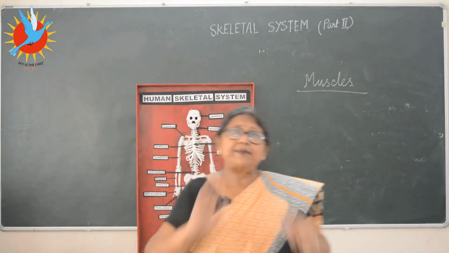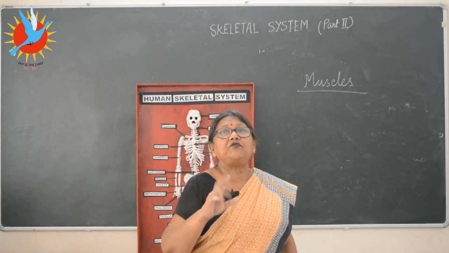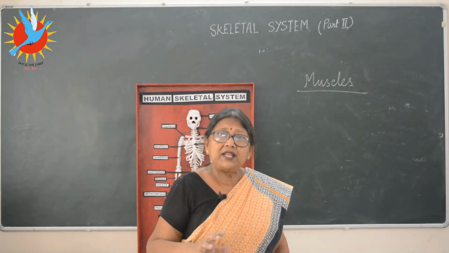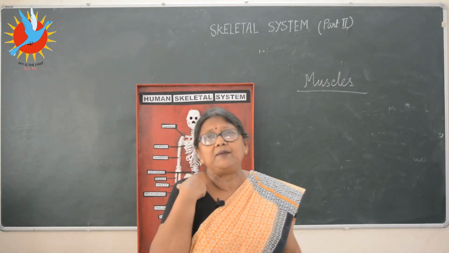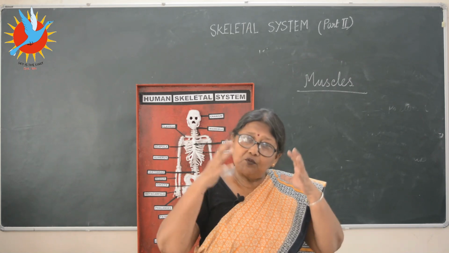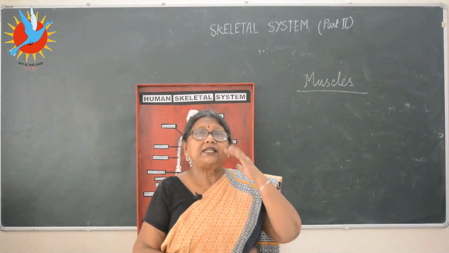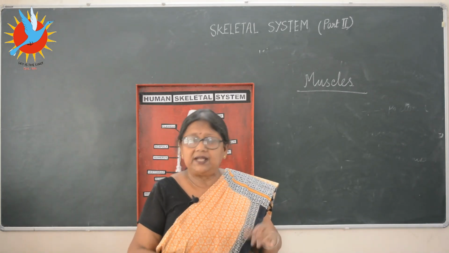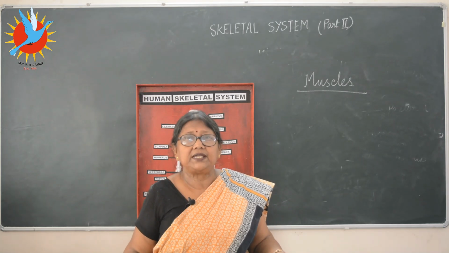Now there are three types of muscles in our body. One type of muscle is called the voluntary muscle, the movement of which you can control. I want to move my hand, I am moving it. I don't want to, I keep it at rest. So the muscles whose movement can be controlled by us are called the voluntary muscles. Hands are there, legs are there, your neck is there, all these parts.